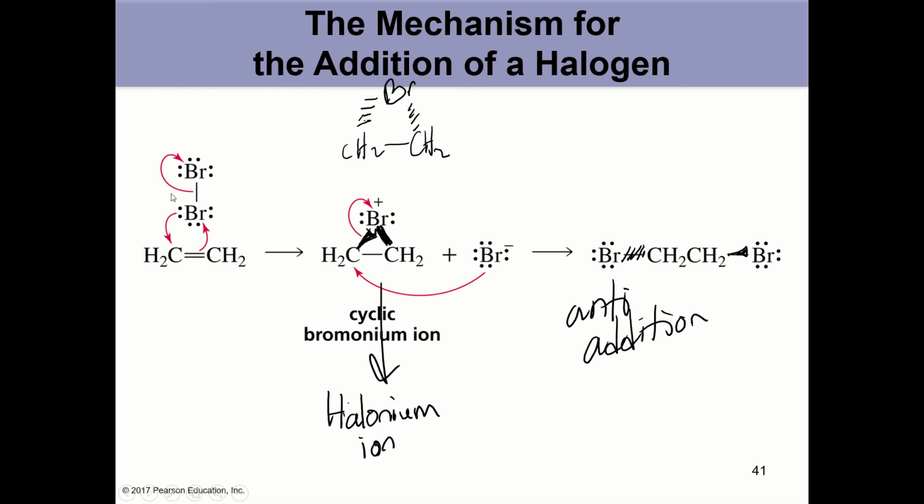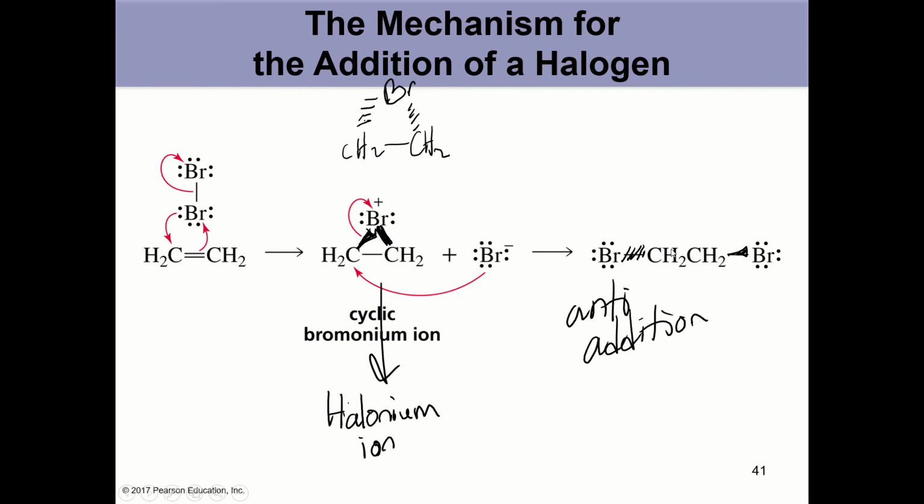Our bromide ion that is formed when we break the Br-Br bond will donate a lone pair to form a bond to a carbon atom. Then the C-Br bond that existed to the positive bromine breaks, and we end up with one bromine bonded to each carbon.